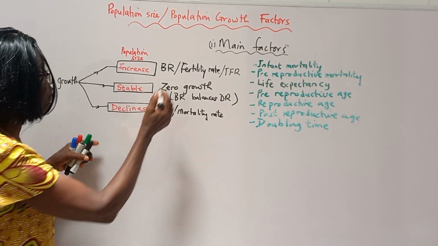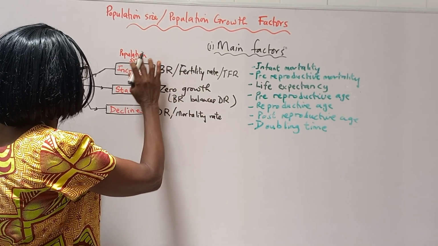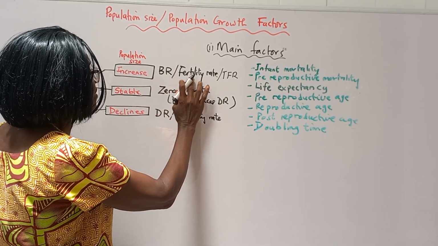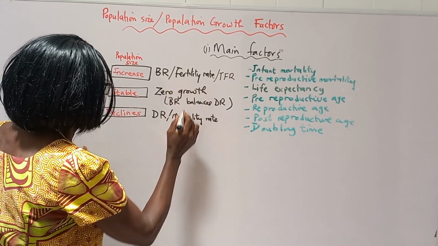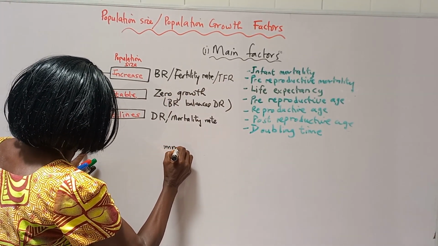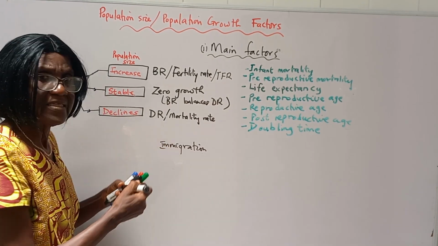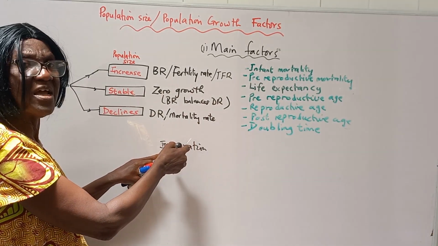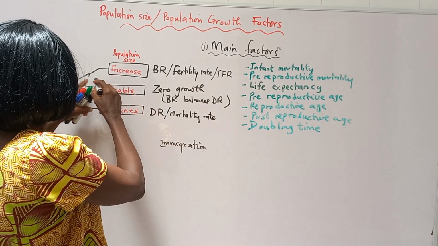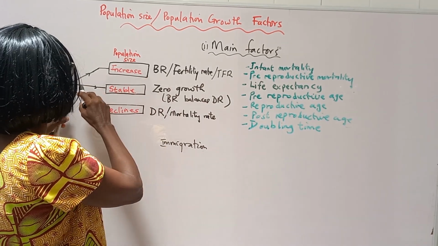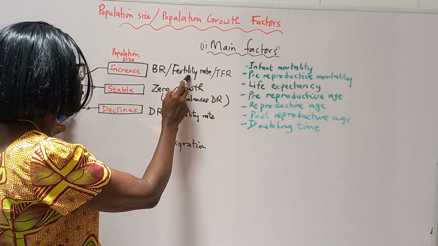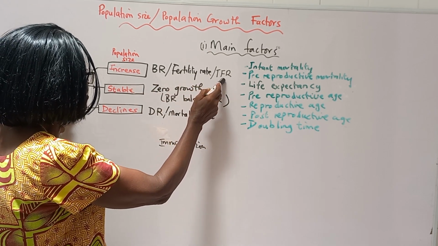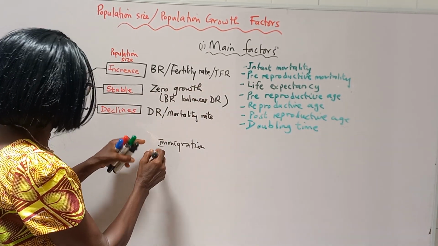We don't want to forget that increase in population size, and so increase in population growth, is not only birth rate, but it's also immigration. Immigration means organisms moving into the environment. So increase in population size bringing about increase in population growth is birth rate or fertility rate or total fertility rate plus immigration.